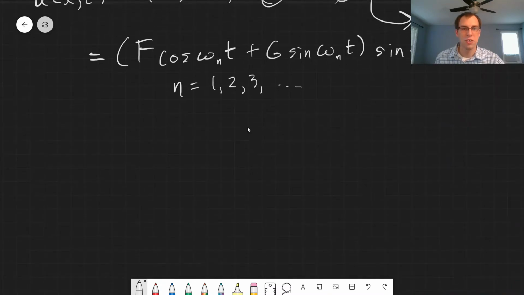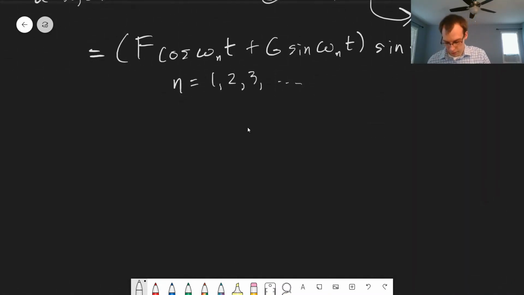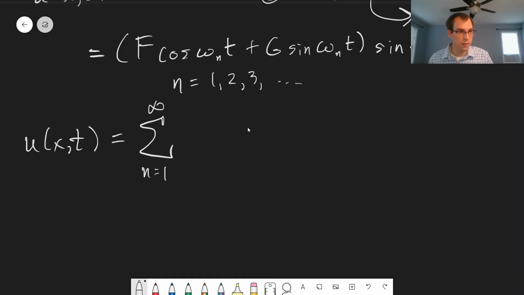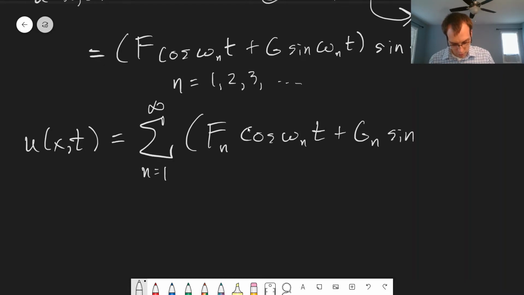And so the most general way to solve this is that u of x of t is equal to some sum, starting at n equals 1 up to possibly infinity, of a set of constants F_n cosine omega n t plus G_n sine omega n t times sine n pi x over L. So we can take any combination of these different n values and add them together with different weighting factors, right?